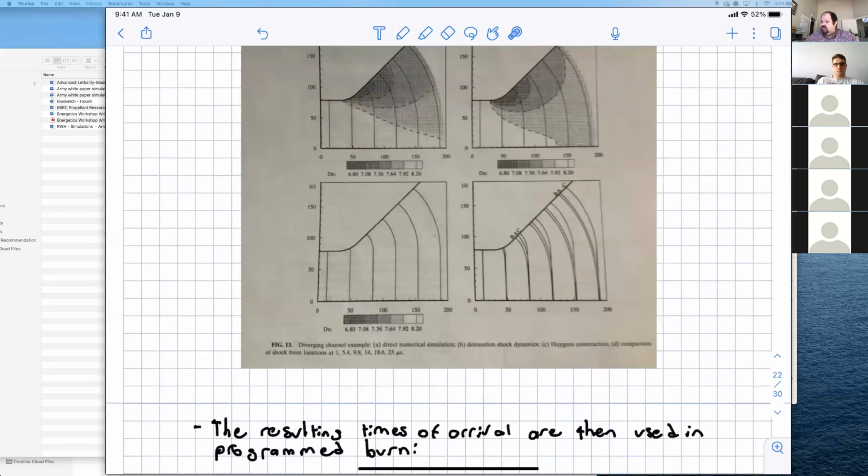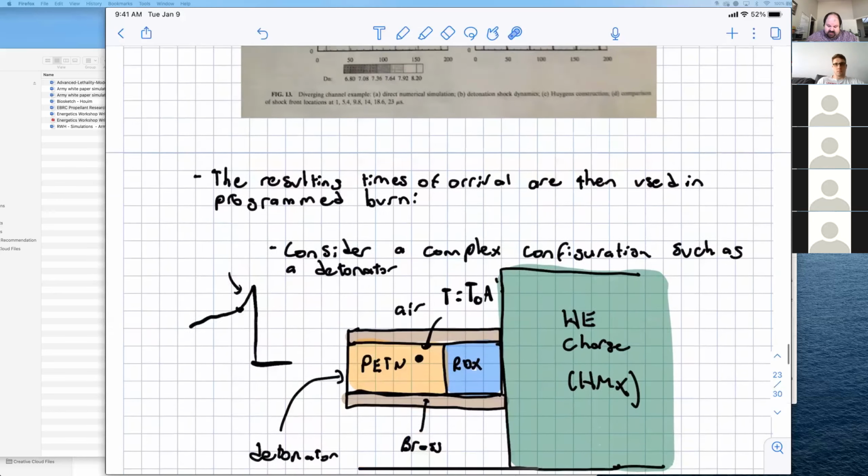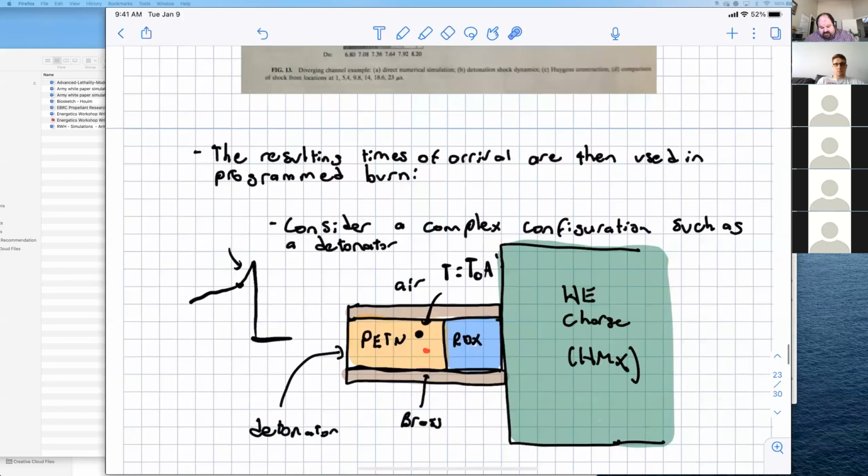That gets really complicated because you need to consider all of the compressible solid mechanics and the very high strain rate and plastic flow that occurs when you have 40 GPa pushing out the sides of the brass sleeve. And so a program burn is a much cheaper solution, which is practical for a lot of different applications.